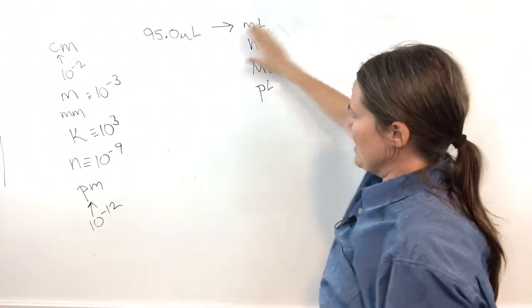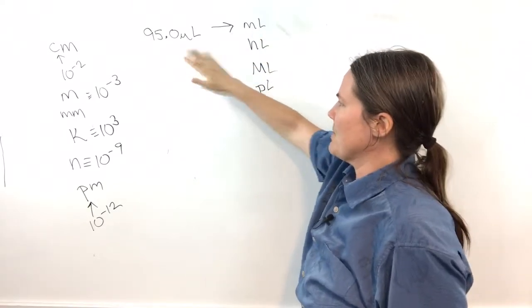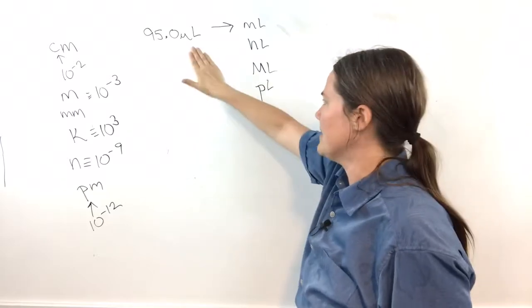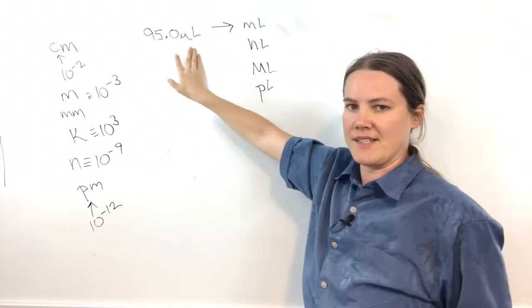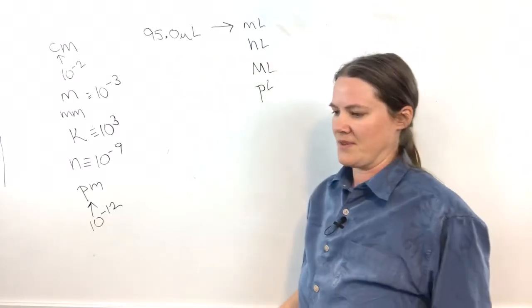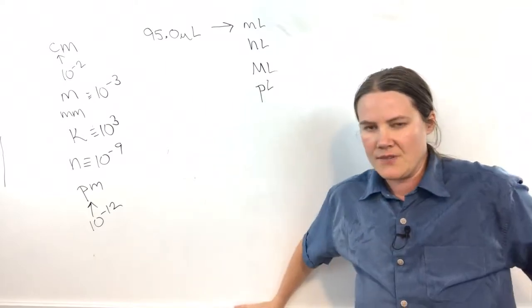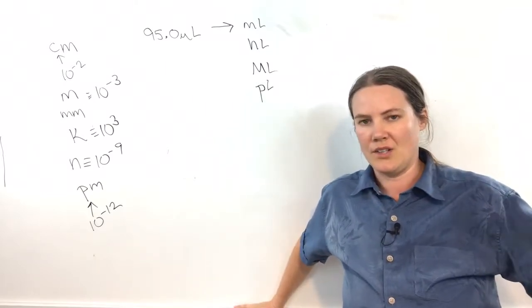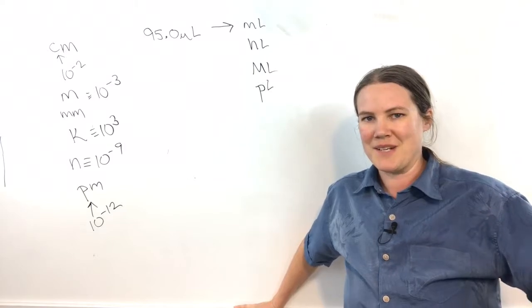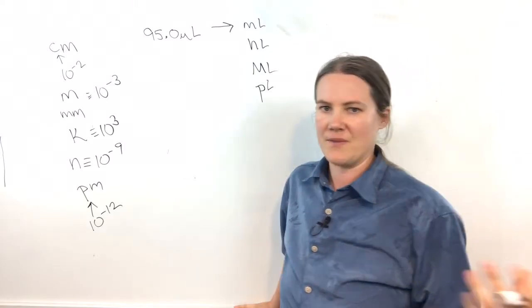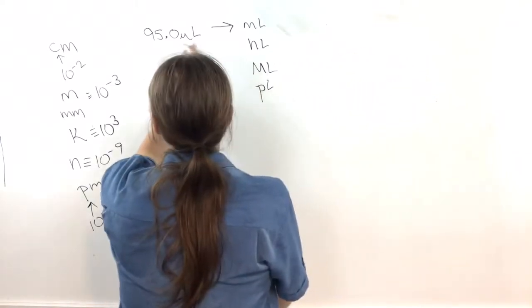These are all just different units, so we can write the same number in all of these different units, and it's still the same number, just with different units. It's like the difference between, say, miles and kilometers. It's the same quantity, just in different units.